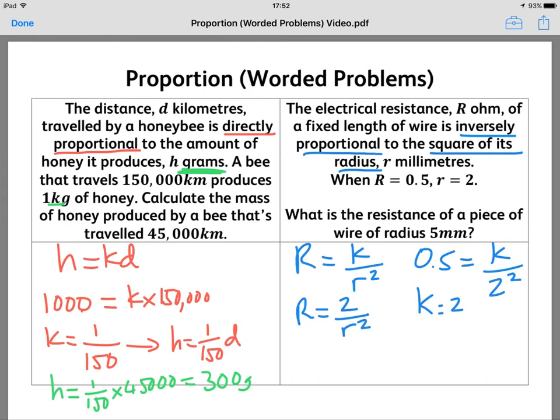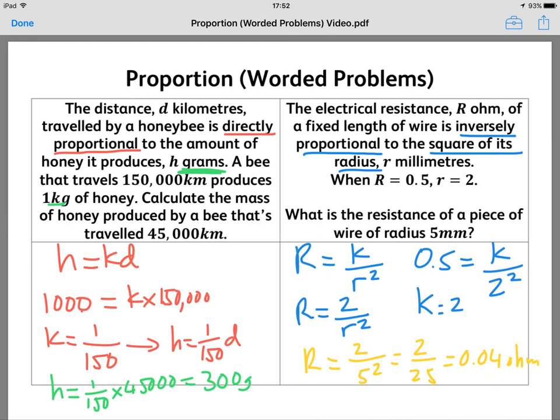So therefore I'm going to do this in a different colour. I'll do it in the gold or the yellow or whatever you want to call it. R equals 2 over little r, 5 squared, which would be 2/25 or 0.04 ohms.